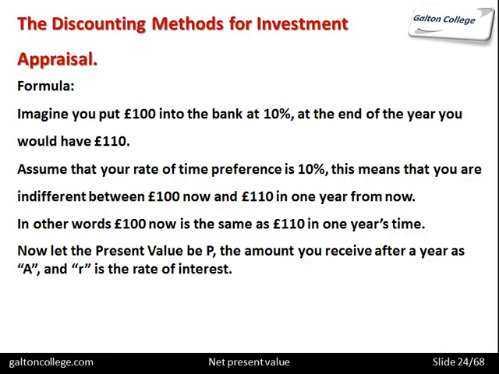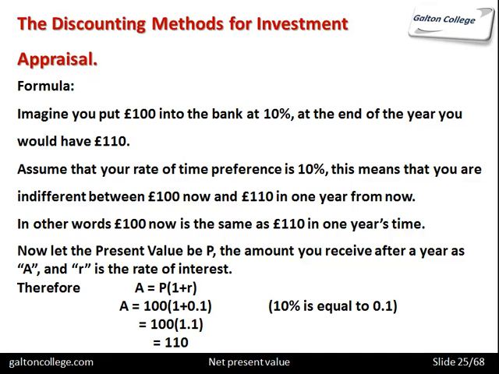Now, let the present value be P, and the amount you receive after a year as A, and the rate of interest, we'll call it R. So, the amount you get is the present value, P, times 1 plus R. In other words, if we substitute in to make sure that formula is correct, P is 100, multiplied by 1 plus 10%. 10% is just 0.1.